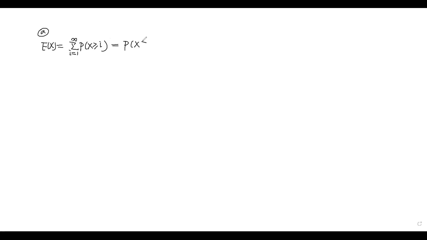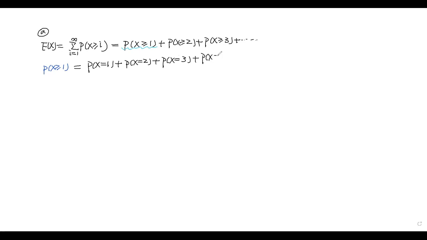Really we're looking for the probability x greater than or equal to 1, plus the probability x greater than or equal to 2, plus the probability x greater than or equal to 3, and so on. Take a look at the first one, the probability x greater than or equal to 1. This equals the probability x equals 1, plus the probability x equals 2, plus the probability x equals 3, plus the probability x equals 4.